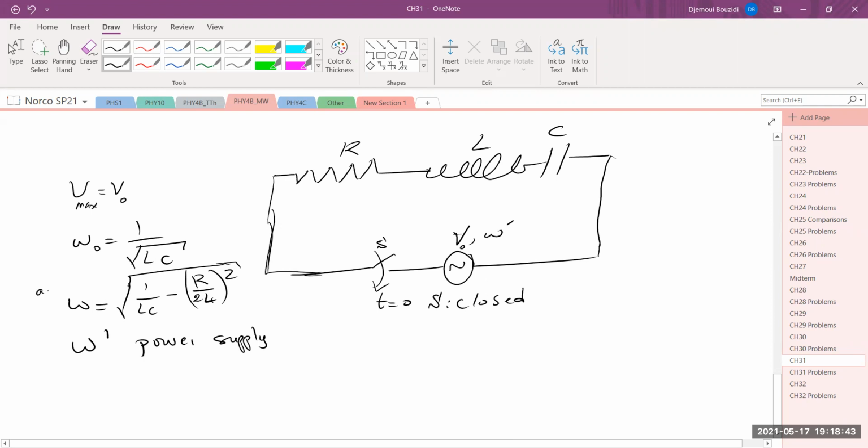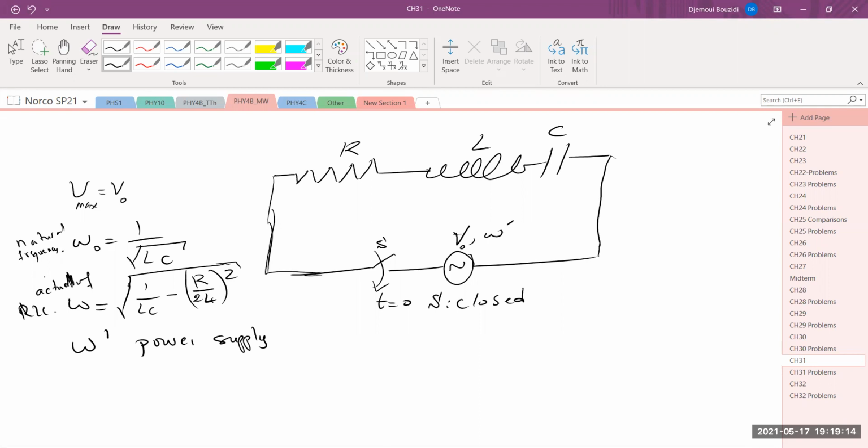This is the actual frequency of an RLC circuit, and this is the natural frequency. We call them frequencies, but they are angular frequencies. So we have a bunch of omegas in the circuit from the get-go. You have 3 of them.